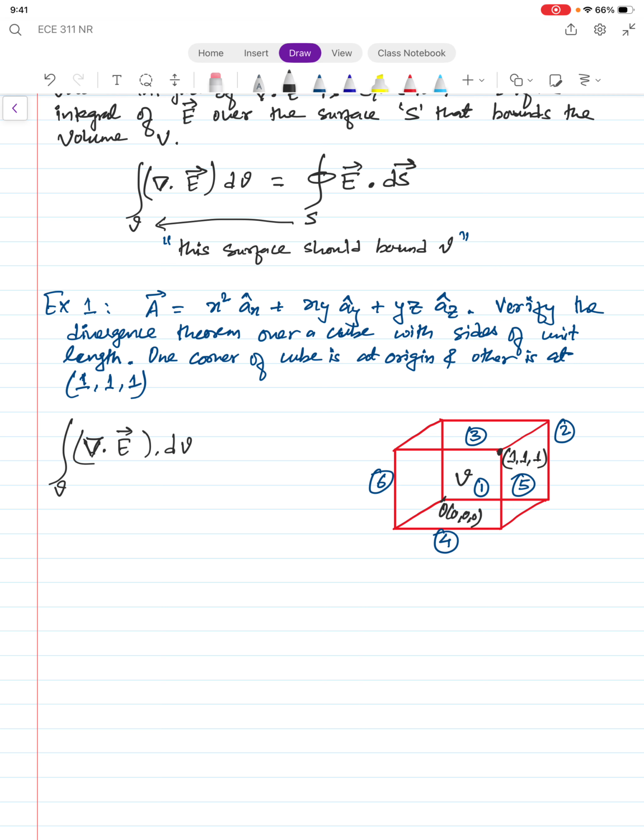And then for the right hand side of the equation, you have to calculate E dot ds for each face. So that one will be for the top.